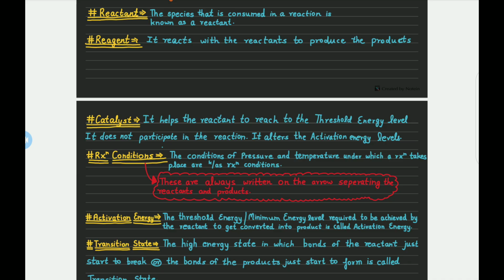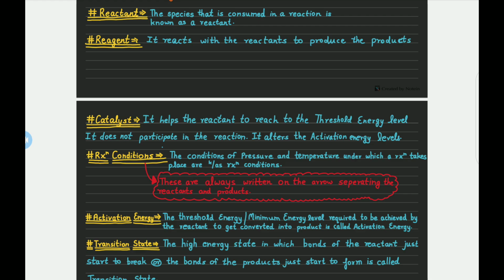Third, catalyst. It helps the reactant to reach the threshold energy level. It does not participate in the reaction, it alters the activation energy levels. When we study the energy profile diagrams, you would get to know more about activation energy, but for now take a basic idea that it is the energy which is to be achieved by the reactants to get transformed into products.